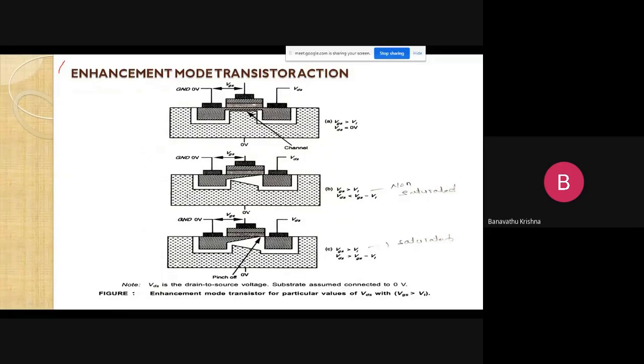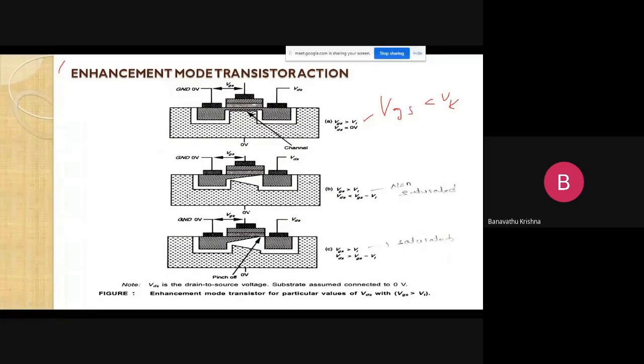Okay, firstly, it is given that VGS is greater than VT. As I told you, if the VGS is less than VT, then the device is an enhancement mode device, which means there is no channel between source and drain at the gate junction.